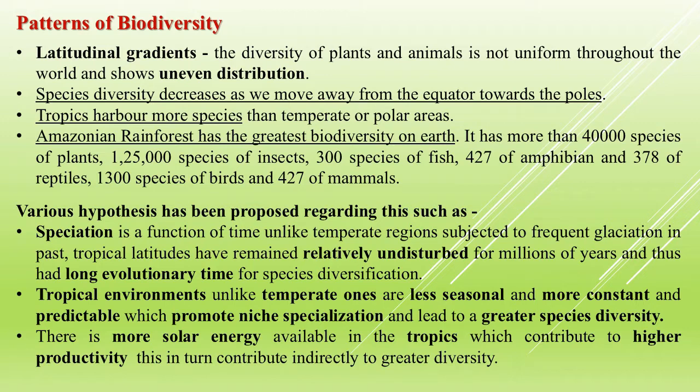Second one, the tropical region is less seasonal, with a more predictable, more constant, more stable environment. And the third one, the availability of solar energy, that is also more in the tropical region compared to the polar region.